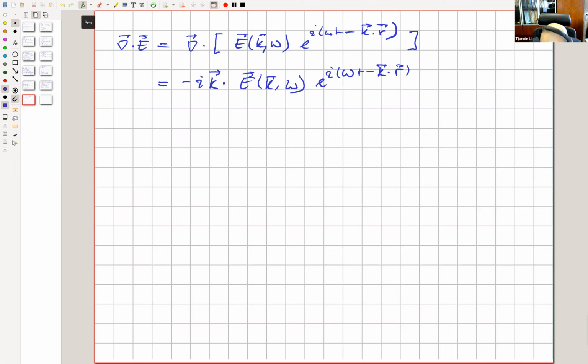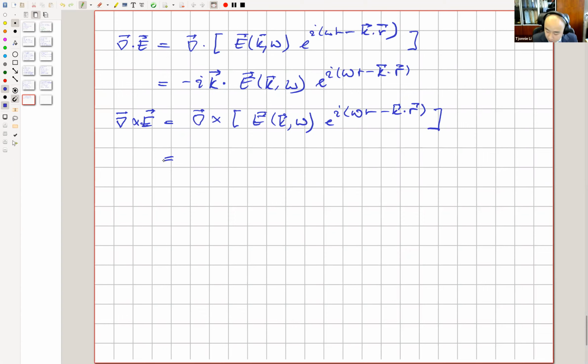Now similarly, the curl of E is nabla cross E(ω) e^{i(ωt − k·r)}. Again, we're looking at the derivative with respect to the position vector r, but now in the rotational sense.